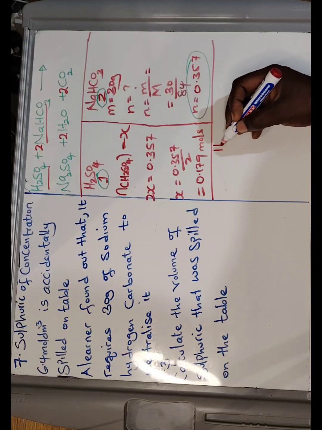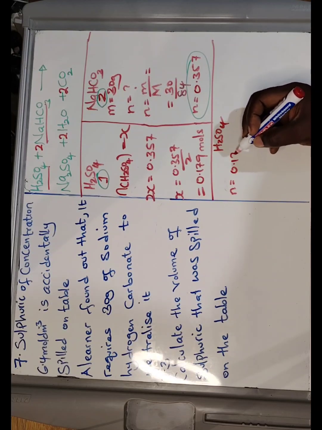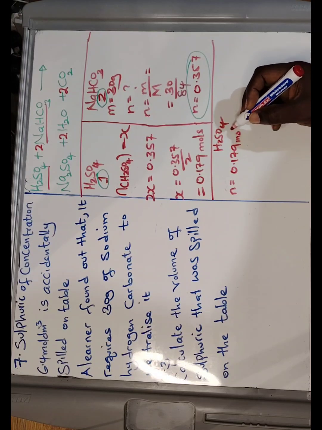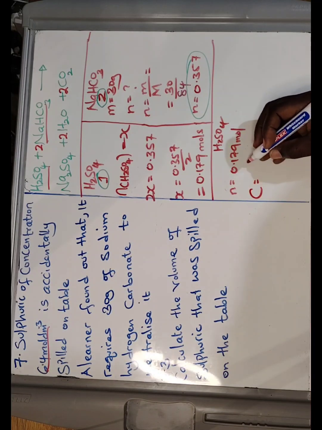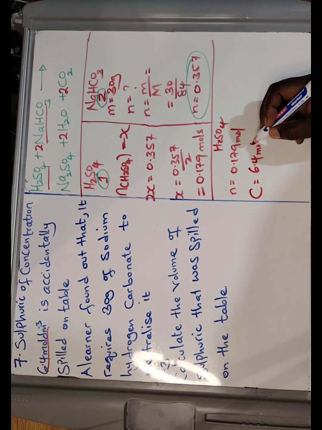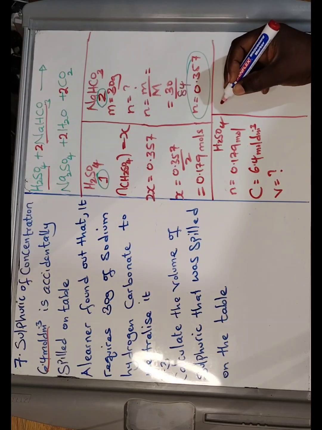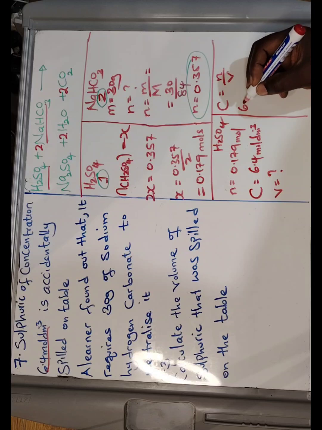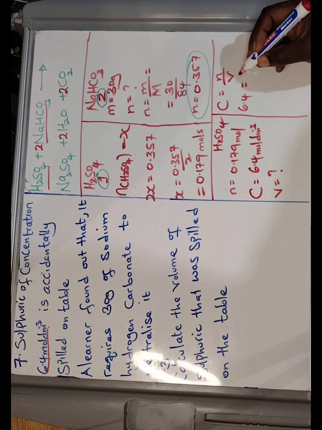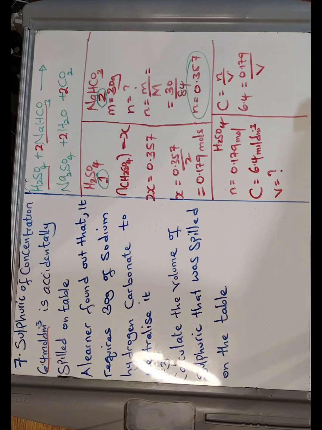Then after that, we are talking about sulfuric acid. We know the number of moles which were neutralized as 0.179 moles. We also know the concentration, C, as 6.4 moles per cubic decimeter. We are looking for V. We can say C is equal to N over V, where C is 6.4 and N is 0.179 and V is wanted.